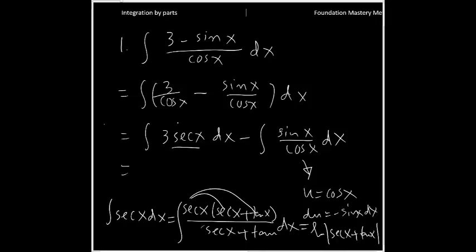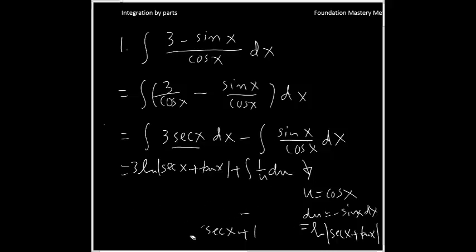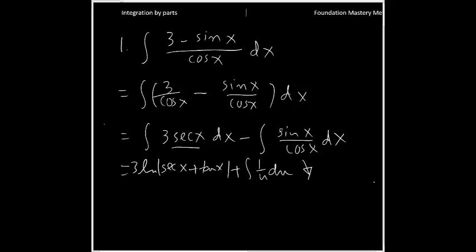So then that one gives me 3 natural log of secant x plus tan x minus, now this one is u, so you can say plus the integral of 1 over u du, and that goes to natural log of u, where u is my cosine x.